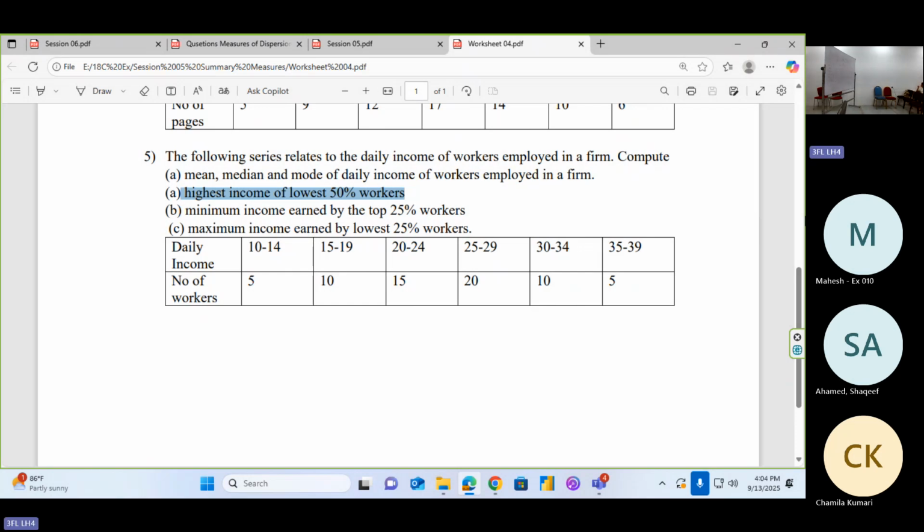Then here, try to find Q1. How do we find Q1? L1 plus, L divided by 4... This class is 20 to 24.